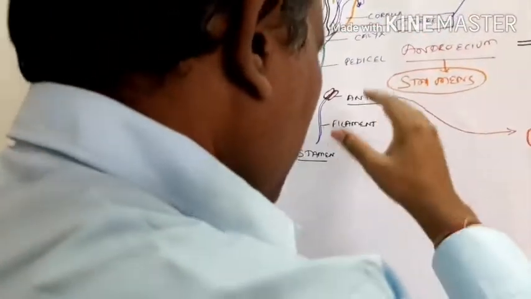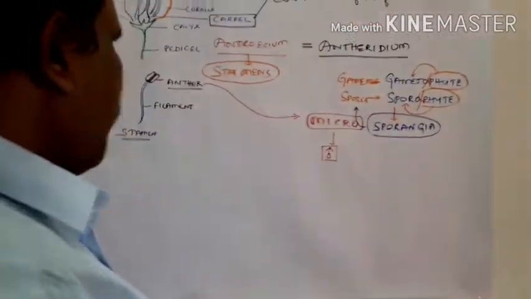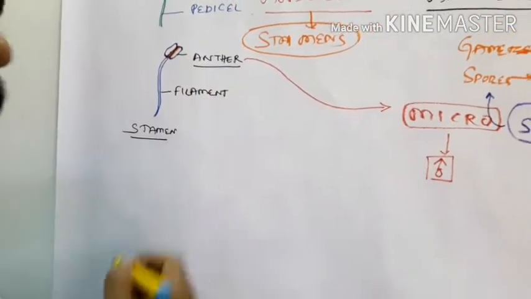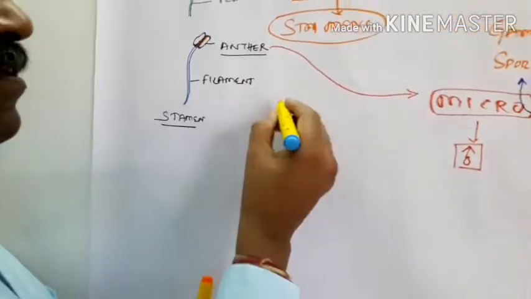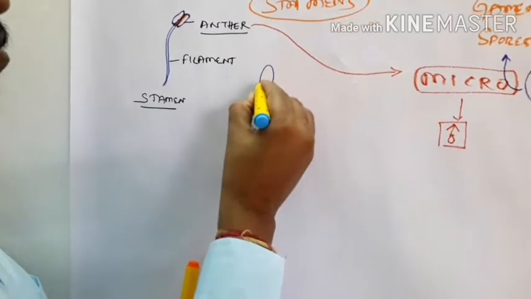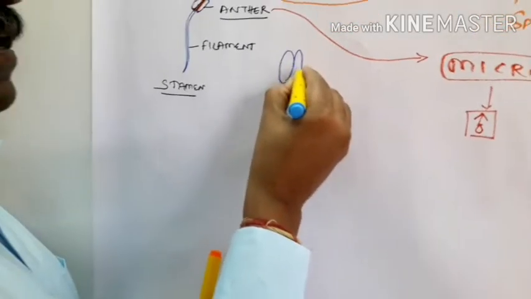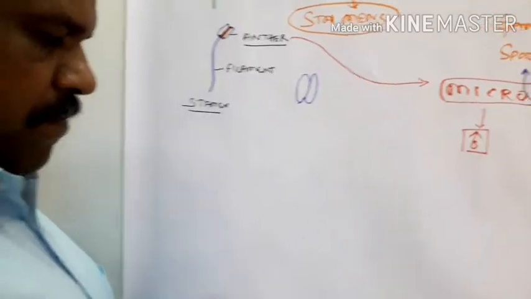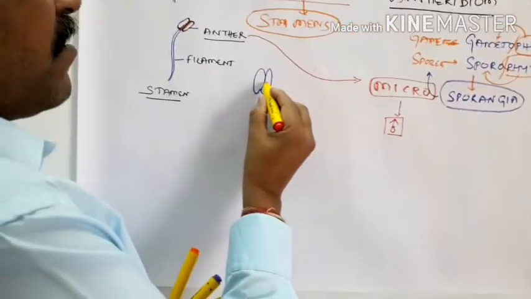If you observe this anther, it is a bilobed structure. Very clearly you see that it is a bilobed structure.